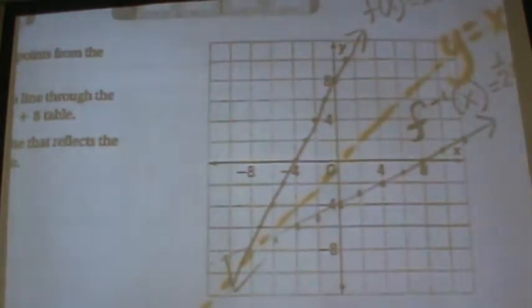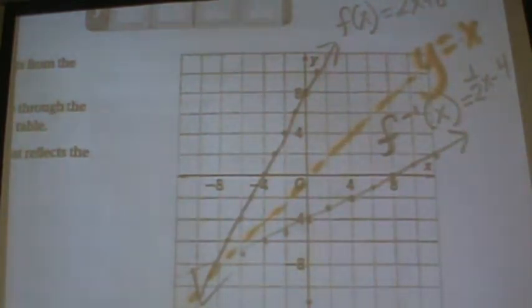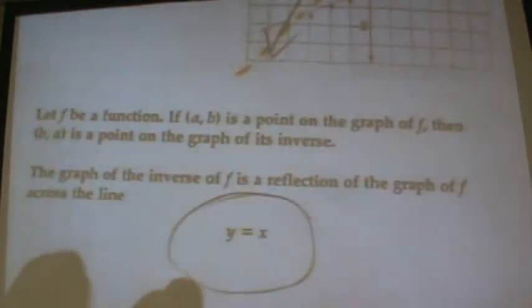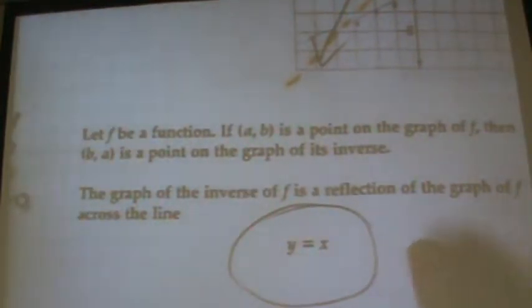It's a reflection over that line. So if you were to fold this graph over the line y equals x, you would see that these two land on each other. That's what this says: y equals x is your line of symmetry. So the graph of the inverse of f is a reflection over the line y equals x. Do you remember this?